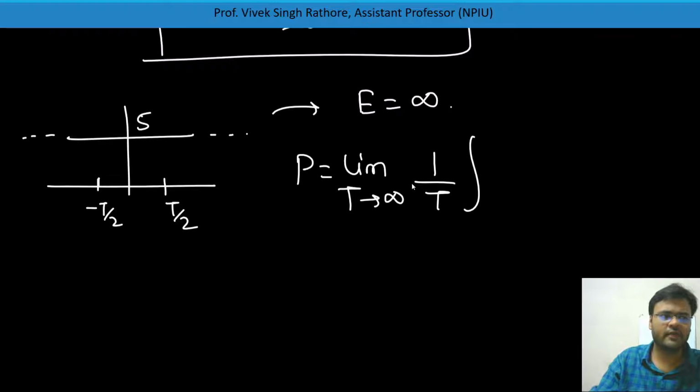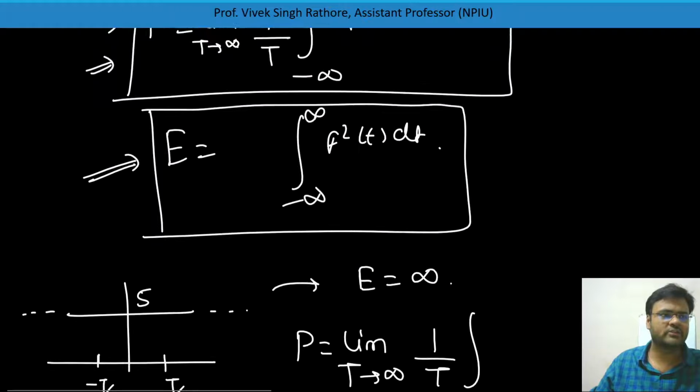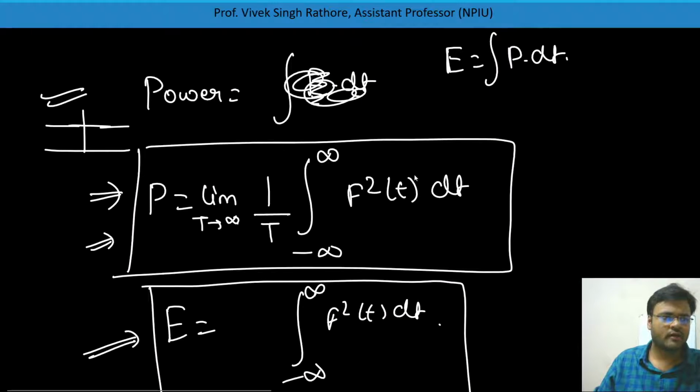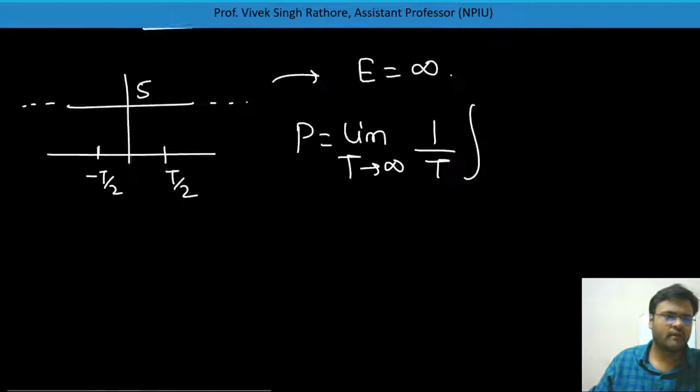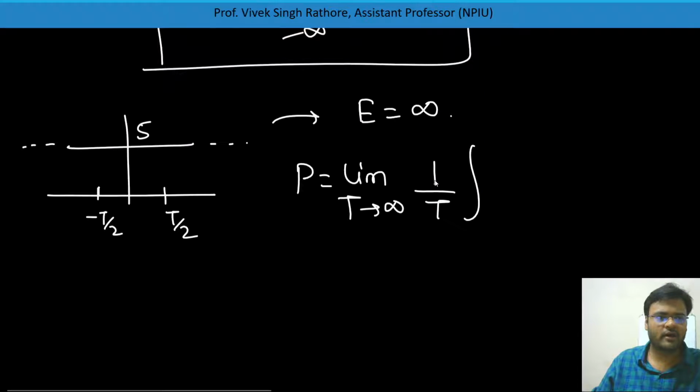Here, see, average power we need to calculate. So instead of minus infinity to infinity, we can write minus T by 2 to T by 2, because if we integrate from minus T by 2 to T by 2, one complete time period, and divide by the complete period, we'll get the average power, right? So for that purpose only we are doing this. We take 5 cos squared dt from minus T by 2 to T by 2.